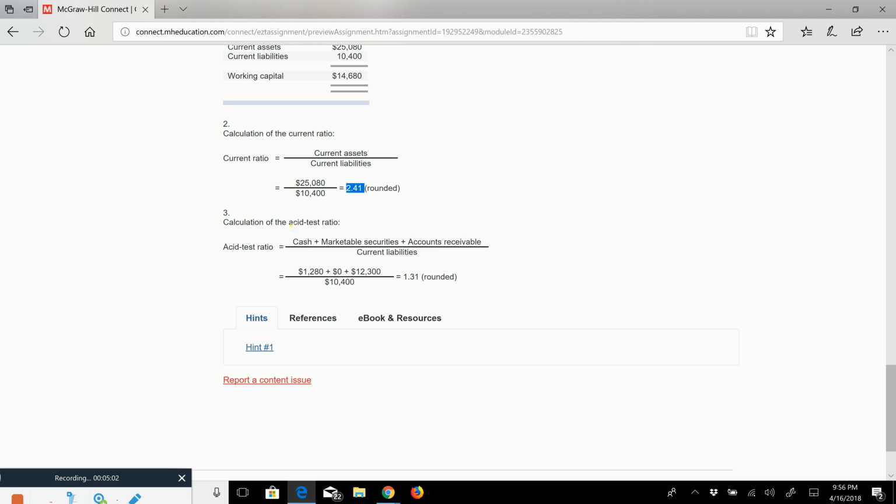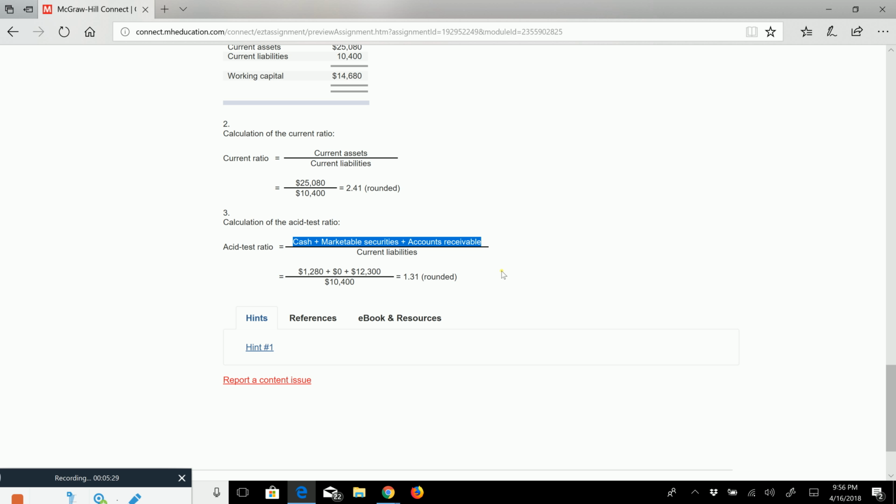And then we have something called the acid test ratio. The acid test ratio is very similar to the current ratio. The only difference is in the numerator, instead of taking all of the current assets, we're simply going to take the cash plus the receivables plus any marketable securities we can liquidate as quickly as possible.